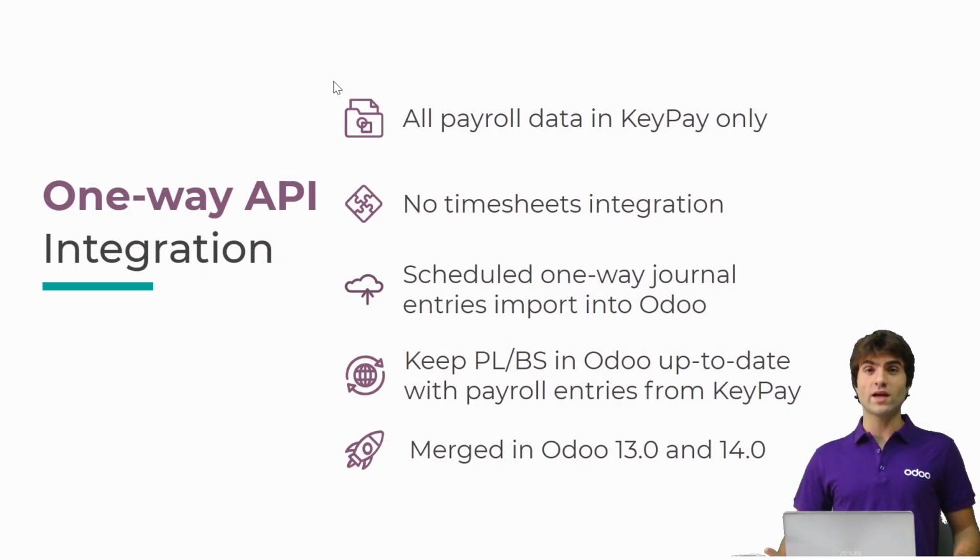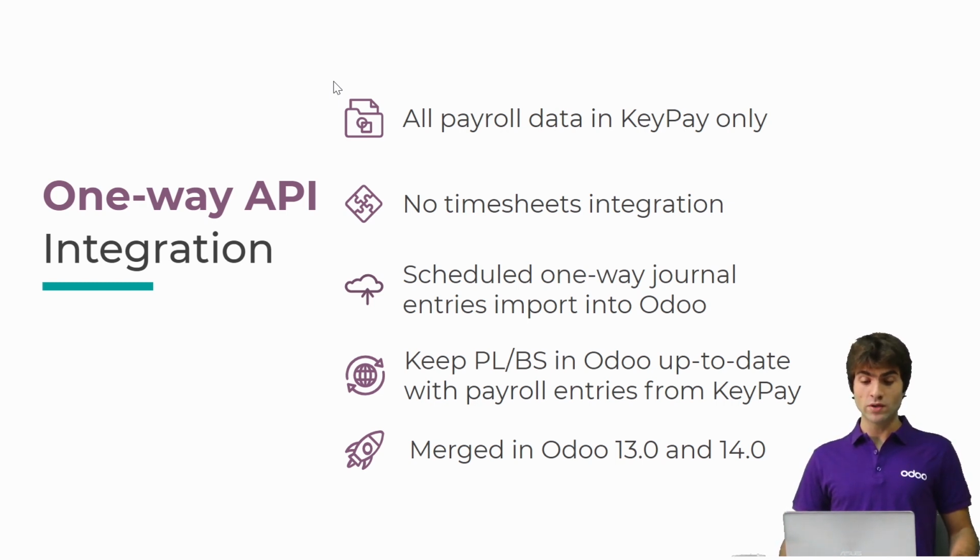It's a one-way API integration, meaning that we only fetch data from KeyPay into Odoo. All the payroll data, such as employees' information, timesheets, pay slips, rostering, expenses, and so forth, will still be recorded in KeyPay platform.